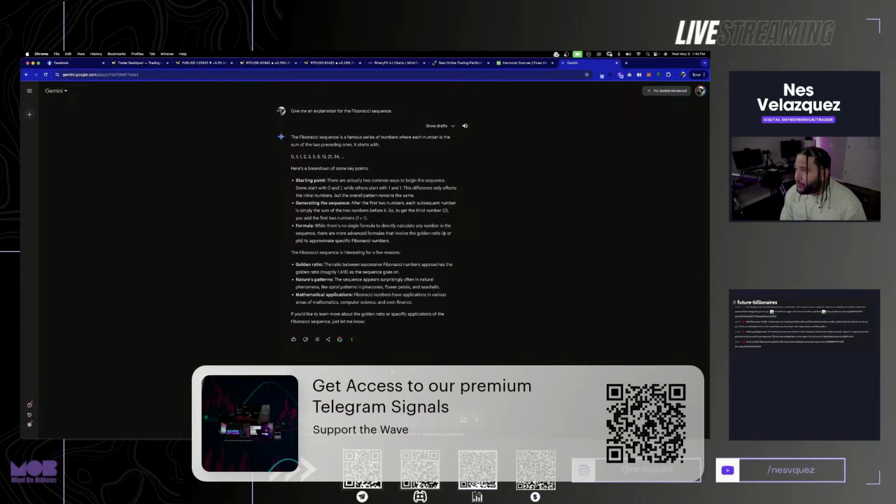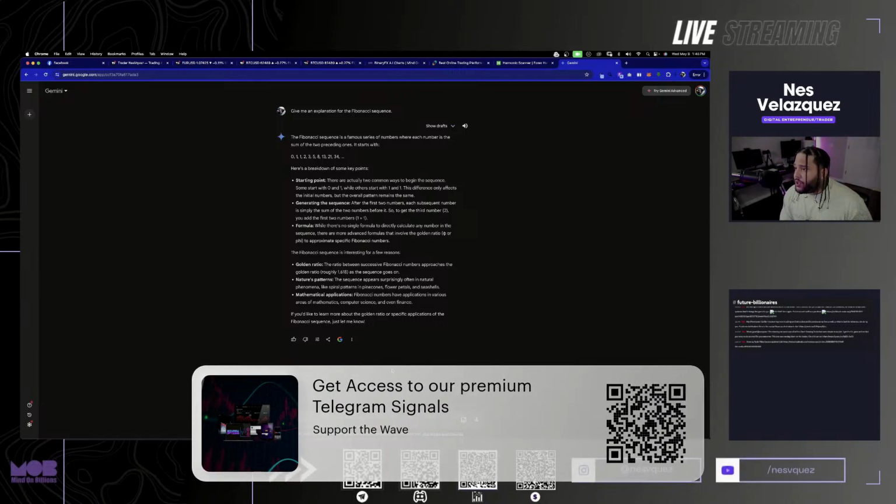Some start with 0 and 1, while others start with 1 and 1. This difference only affects the initial numbers, but the overall pattern remains the same. Generating the sequence. After the first two numbers, each subsequent number is simply the sum of the two numbers before it. So, to get the third number, 2, you add the first two numbers, 1 plus 1.